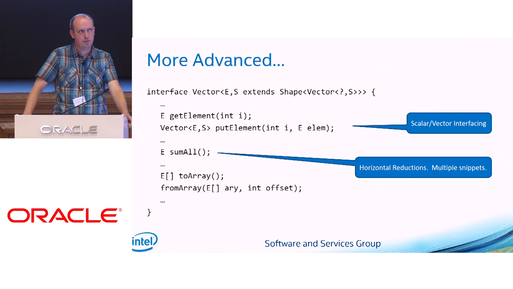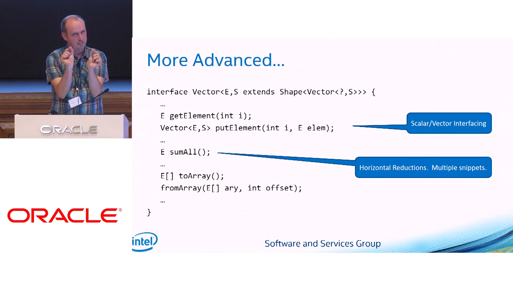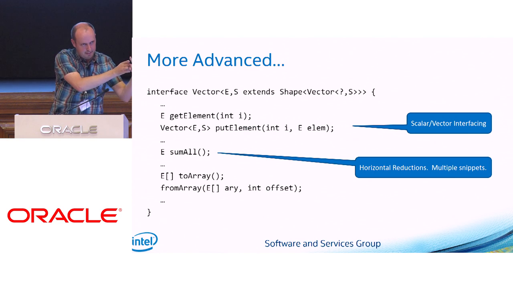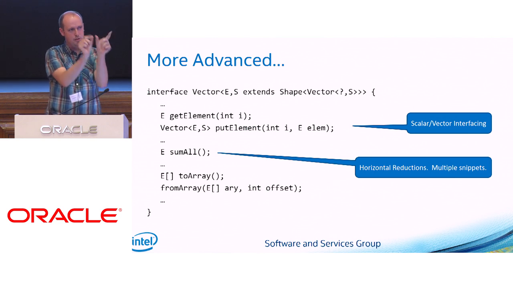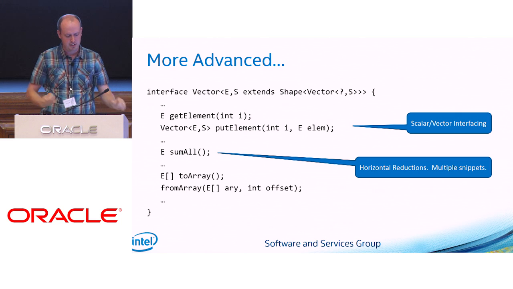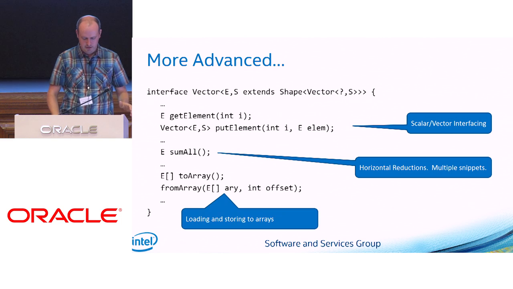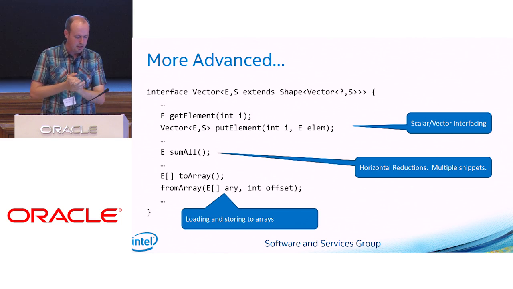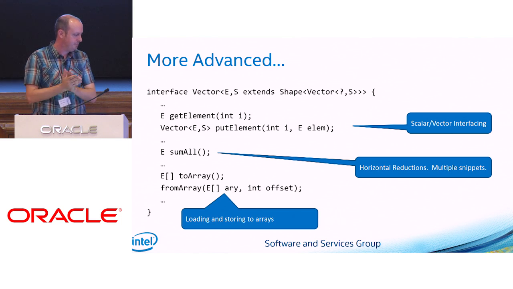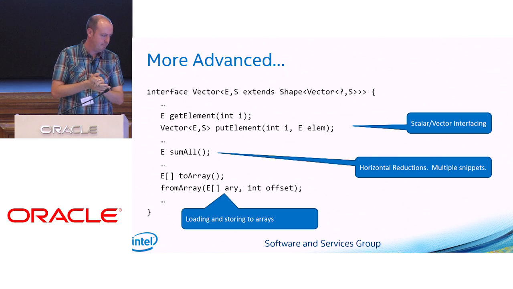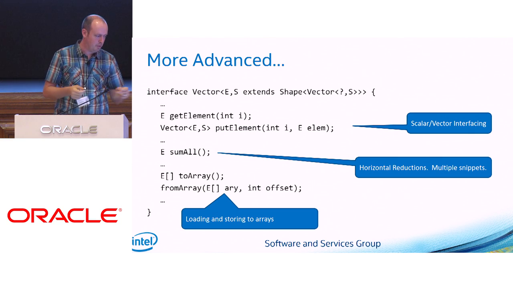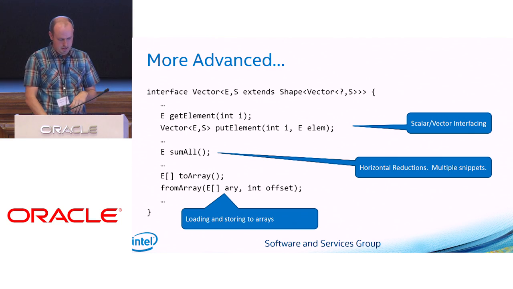They reduce kind of like this instead of like this. You reduce, and then you reduce again, in a tree-like local fashion. So it's good for integers, less so for floats, but it's a work in progress. And then loading and storing to arrays. These are the boxed forms, but they're there for reference.